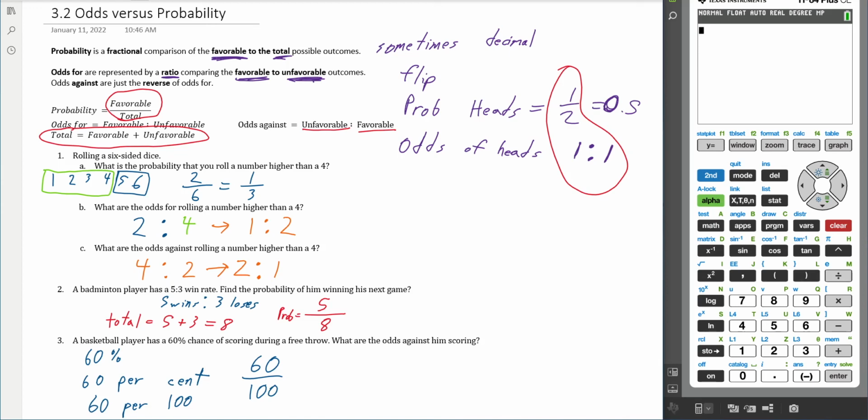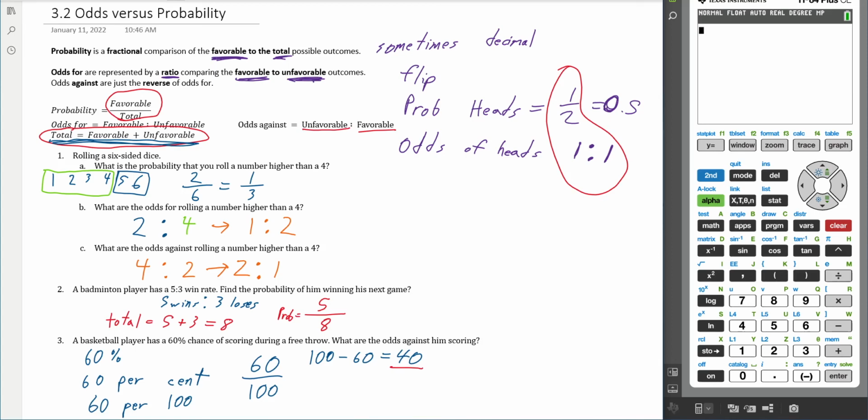If this is a probability, the 60 is favorable and the 100 is total. We need to find the unfavorable. Total equals favorable plus unfavorable, so if we subtract favorable from the total, we get the unfavorable.